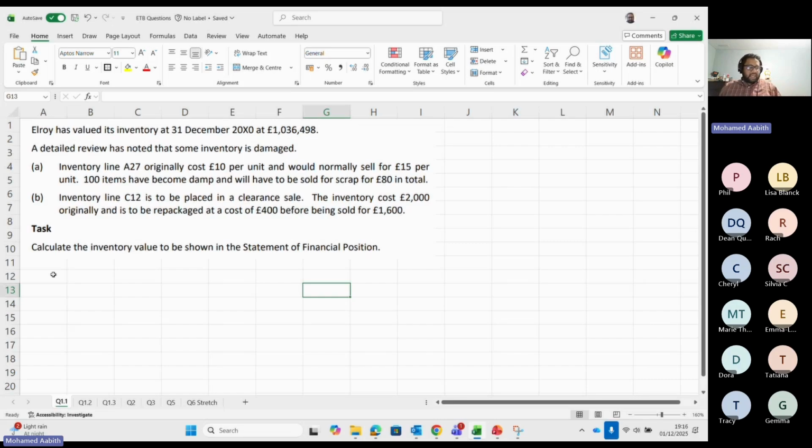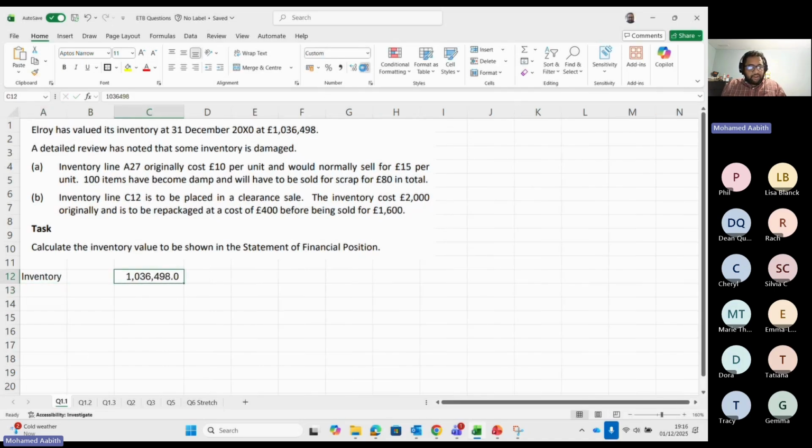So let's say here the original inventory value is £1,036,498. Then I'm going to change that to use a thousands separator with no decimals. So this is the value of it.